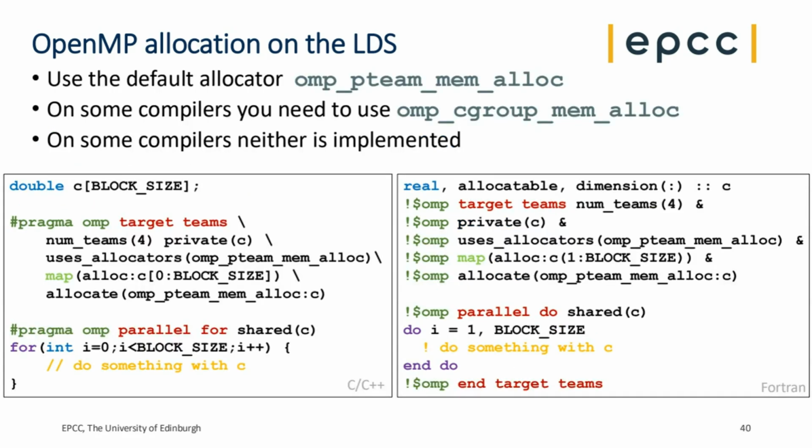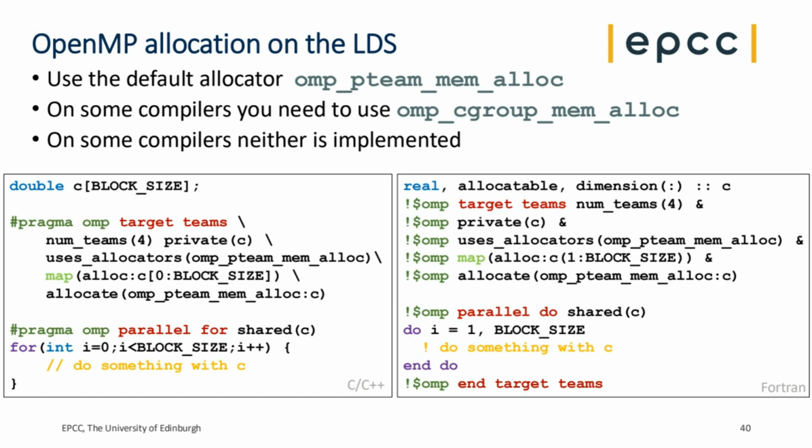So here's how you may do something a bit more explicit, in that you can use a particular allocator called omp_pteam_mem_alloc. Now we've got our target teams, and we've defined our C array outside of the OMP construct, and we're saying that we're using this particular allocator provided for us by OpenMP.